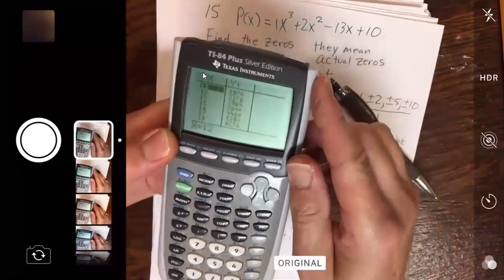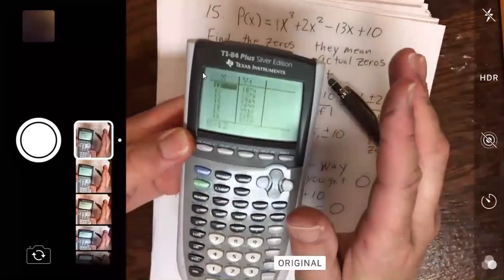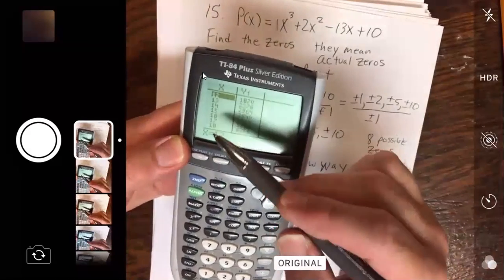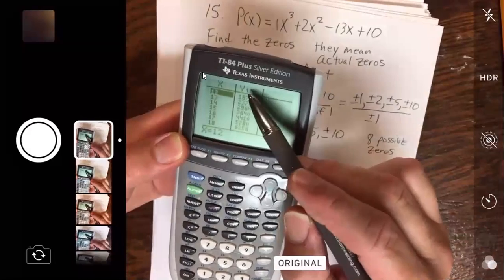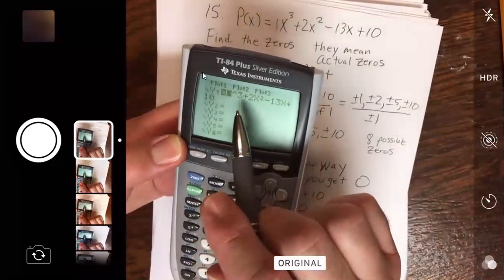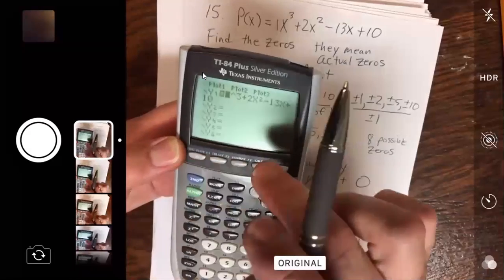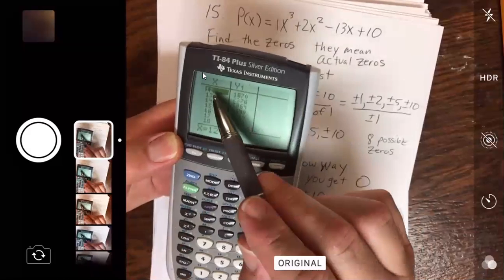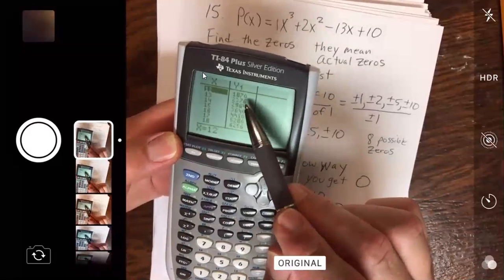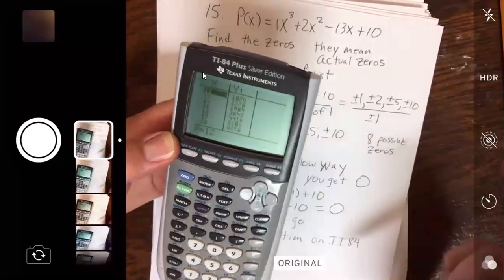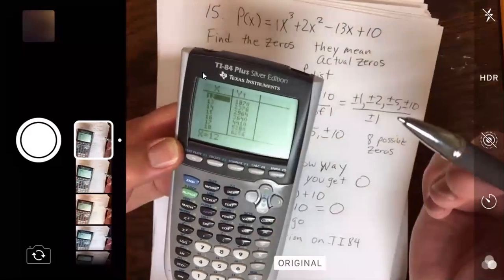Now you understand what the calculator is doing here. It is taking whole number values of x and plugging them in that y1 formula, the formula for this problem that we entered in y1. So if I enter 12 in that formula, I get out 1870. Anybody want to see it done by hand to prove that, or do we all believe?